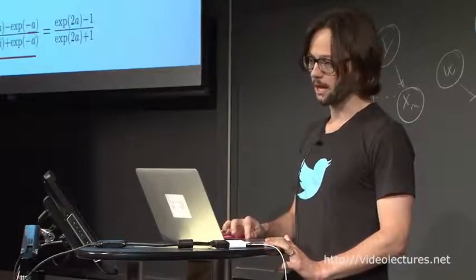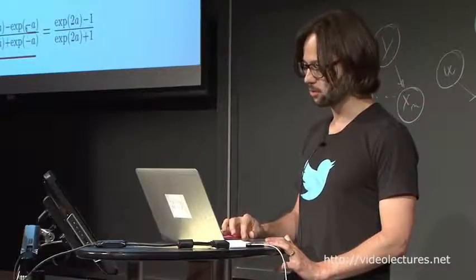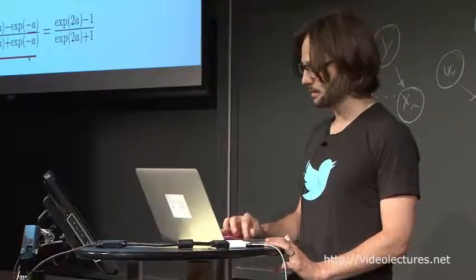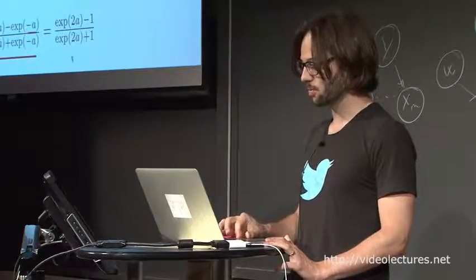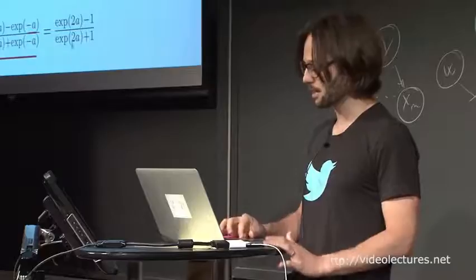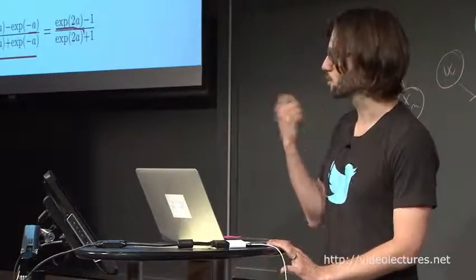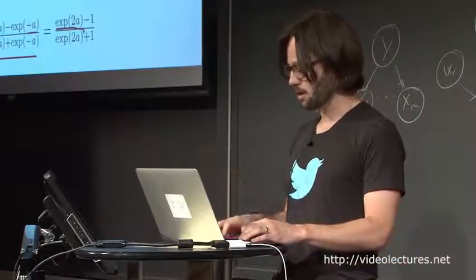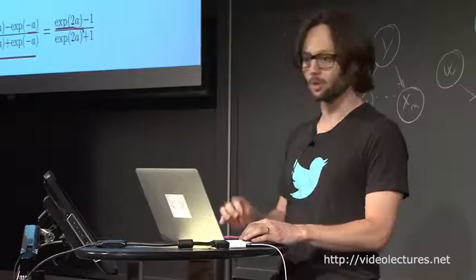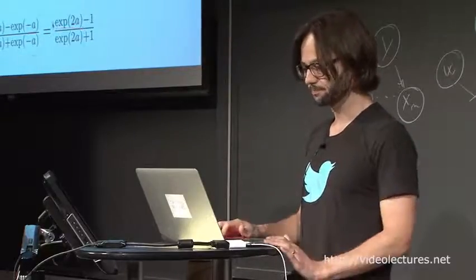This is one way of computing it. You could multiply the numerator and the denominator by the exponential of A. And then you would get this formula, which is slightly more interesting just because here we only have to compute one exponential, the exponential of twice the preactivation. And the exponential is more computationally expensive to compute, so that can be a more convenient form computationally.